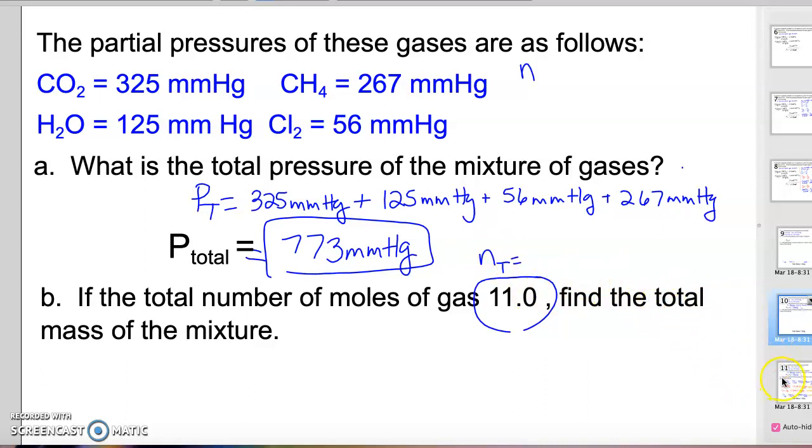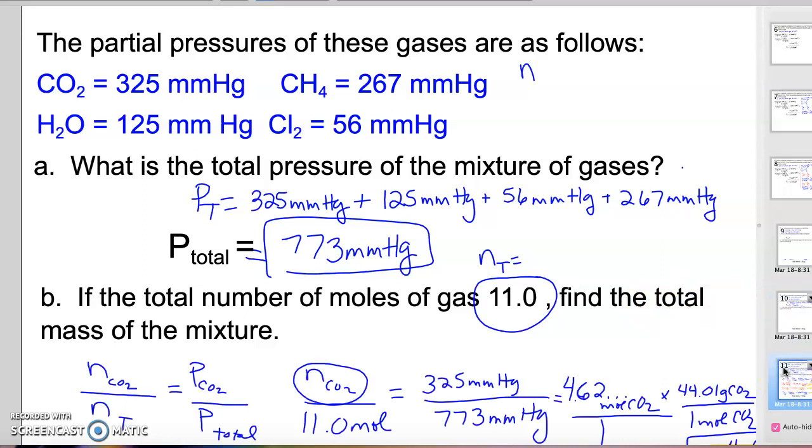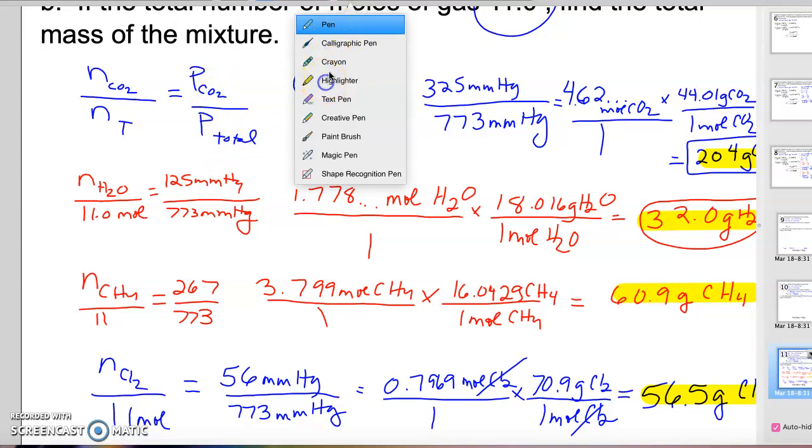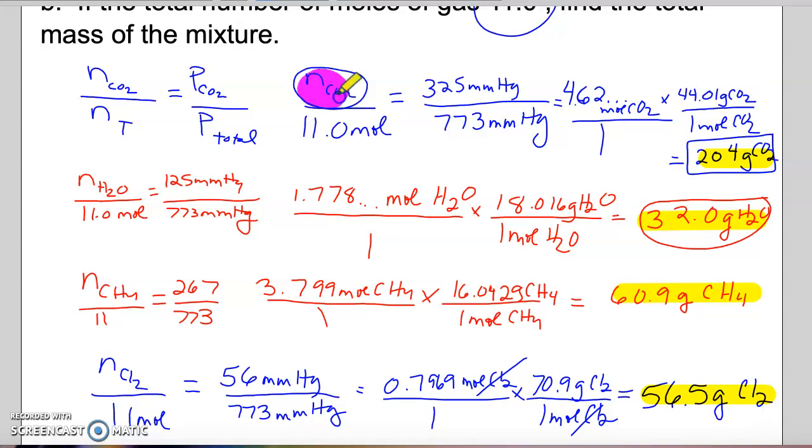Ultimately, if I look at each of my gases, I know the total moles, I know the pressure of just that gas, in this case carbon dioxide, and I know the total pressure. So I can solve for, this would be my X, the moles of carbon dioxide.